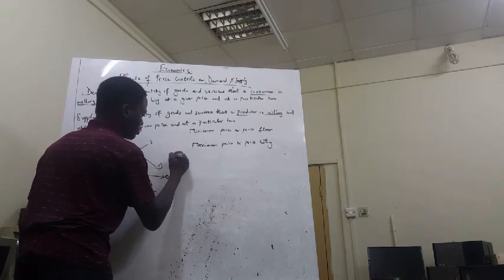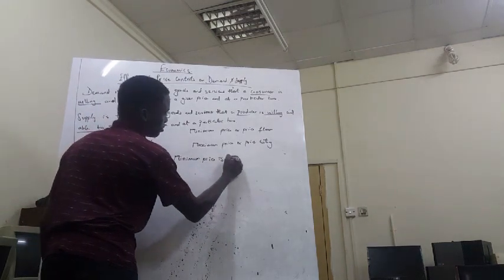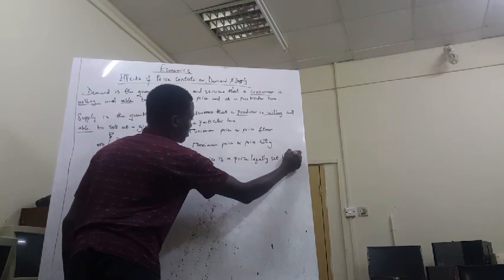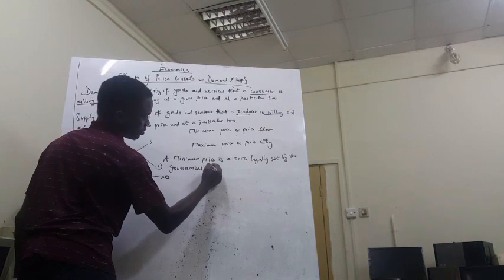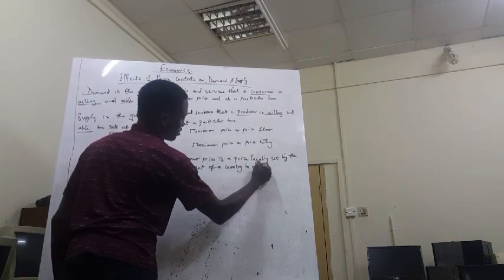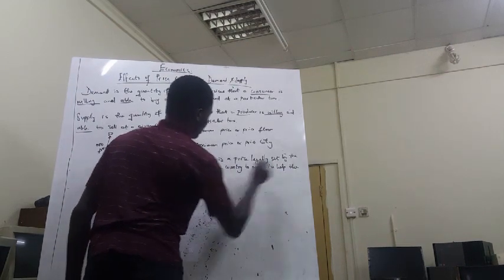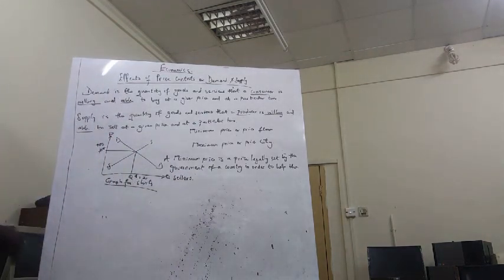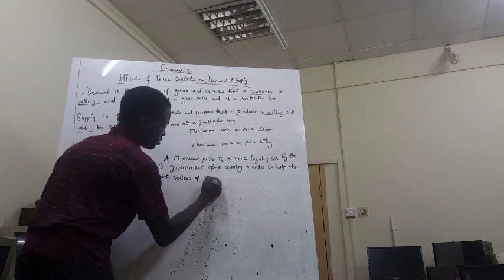Let me write, in case you want to write: a minimum price is a price legally set by the government of a country in order to help the sellers, sellers of a particular commodity.